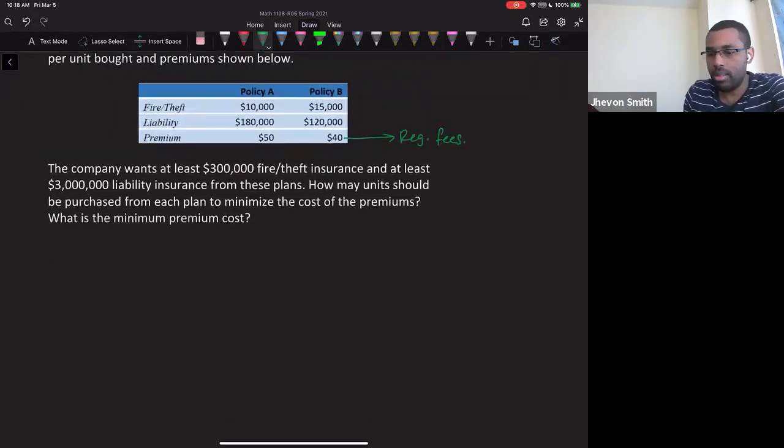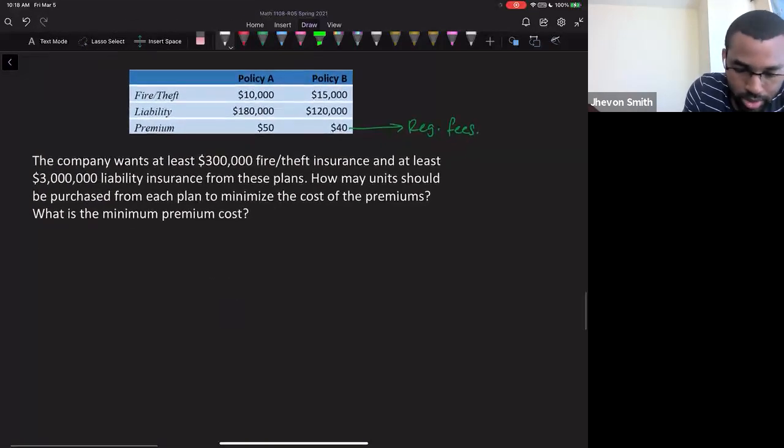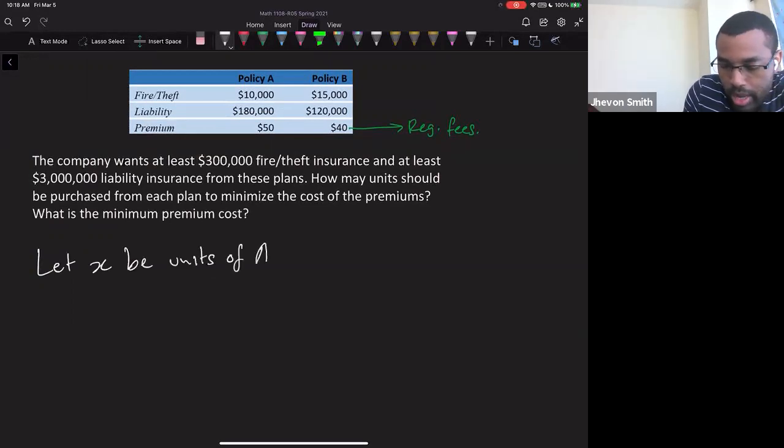Now, this is already nicely organized in a table for us. So we'll jump into it with identifying our variables. Let X be units of A bought. Let Y be units of B bought.